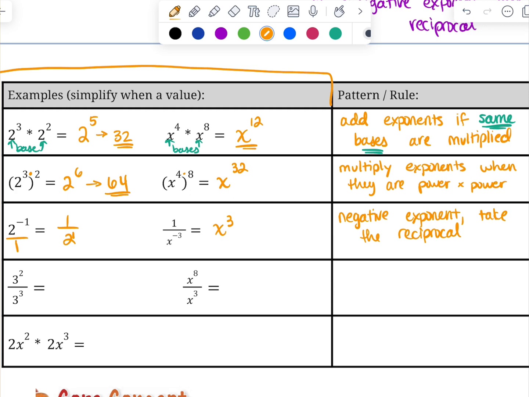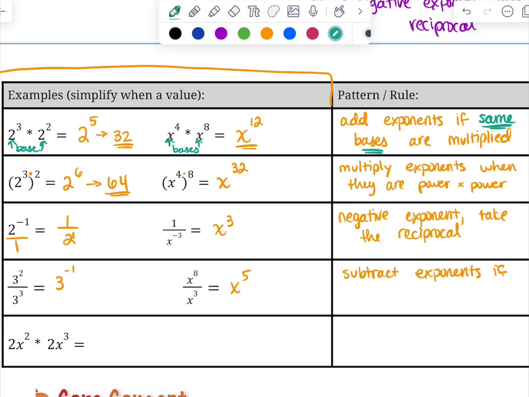Sometimes that means the value is going to go to the denominator. Sometimes that means the value is going to jump back up to the numerator. In this situation, we would have 3 to the negative first because we subtract, and we would have 8x to the fifth. So subtract exponents.